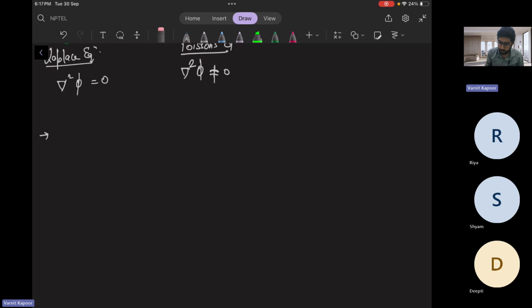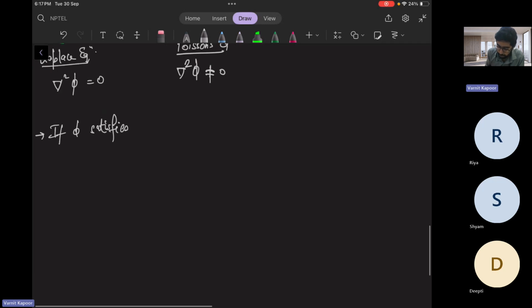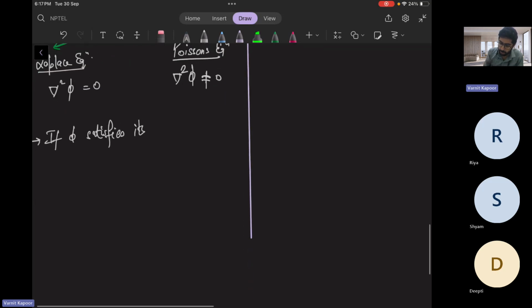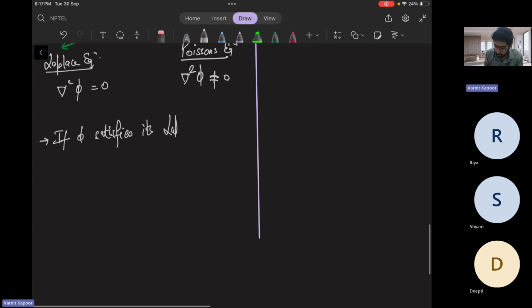If phi satisfies its Laplace equation, then phi is valid. Only then can we say that phi is valid.